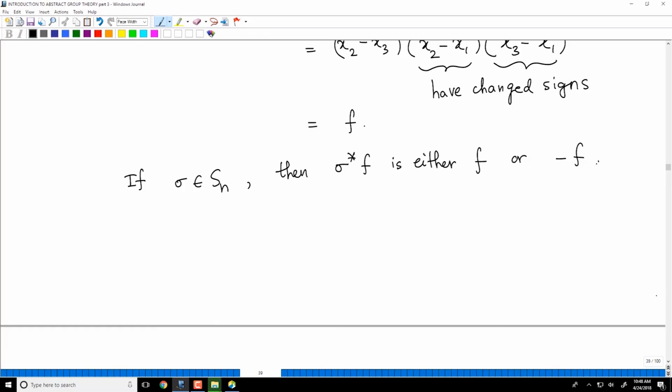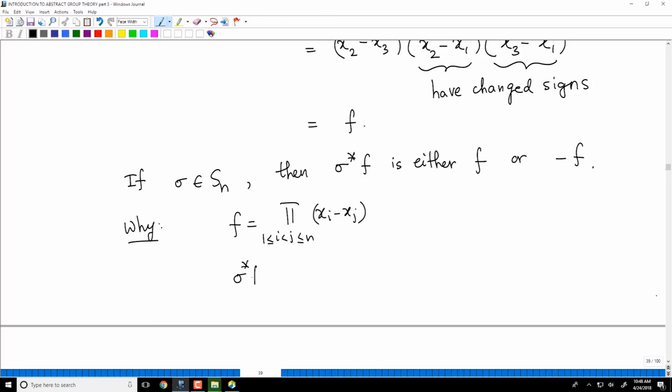And what is a proof? I won't write this in detail, because it's easier if you think about it yourself and try to write down a proof. But I will give you a basic reason why this must be true. Remember, f was the product of xi minus xj over all i, j.